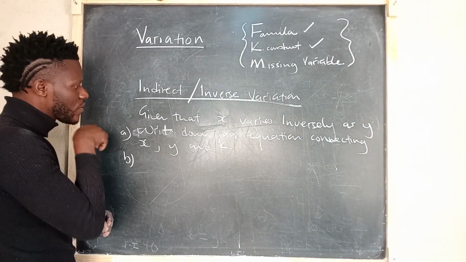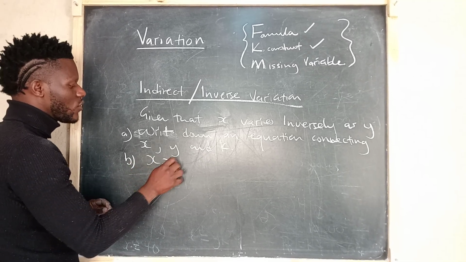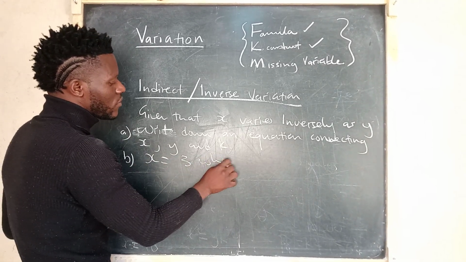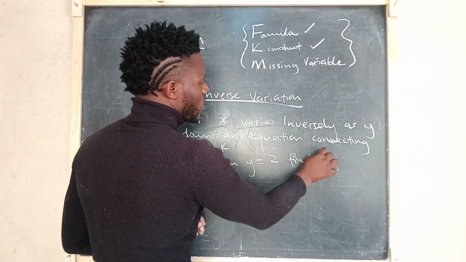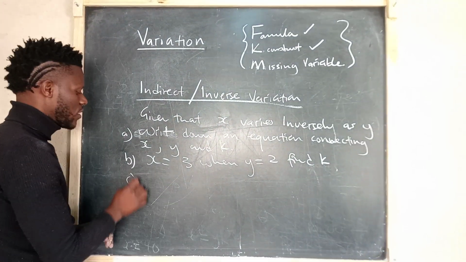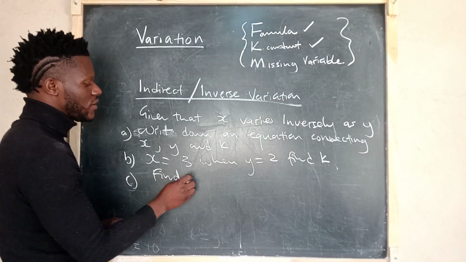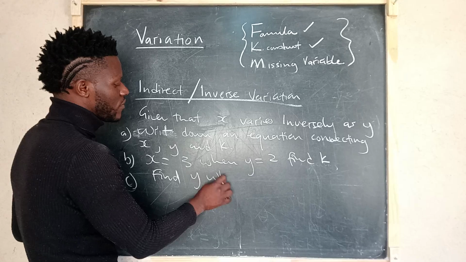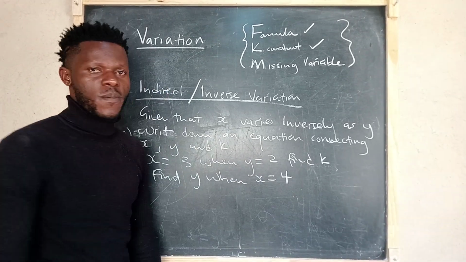Then number B, x equals 3 when y equals 2, find k. Then C, find y when x is equal to 4.